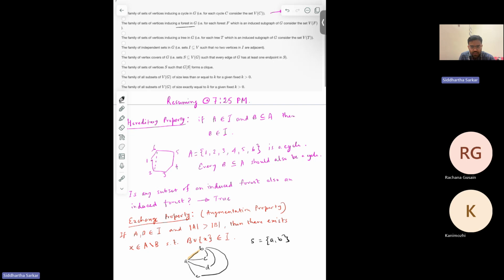And let's consider the set T equals C, D, E, and the induced graph on CDE is an empty graph, so there are no edges. In the induced graph on CDE, I don't see any edges.